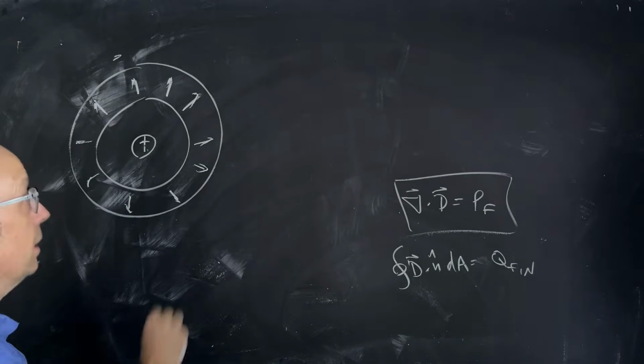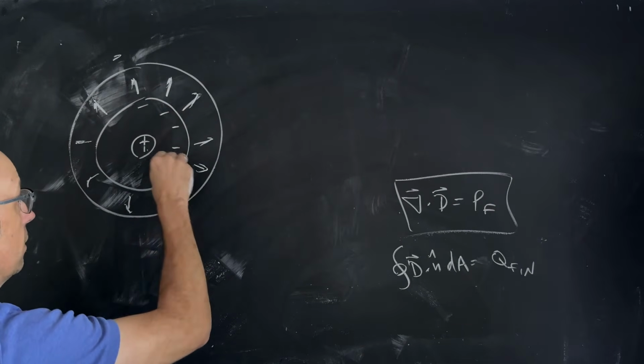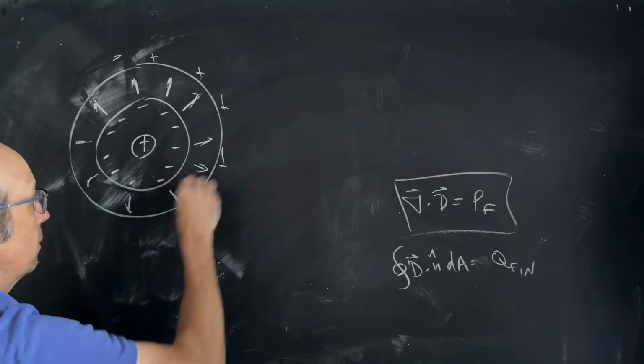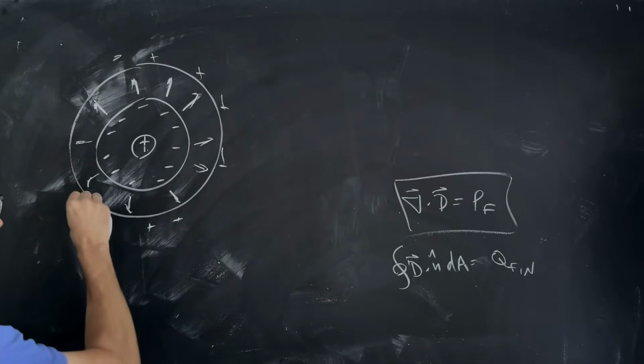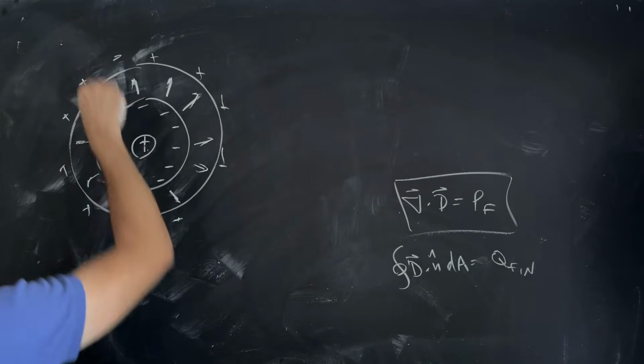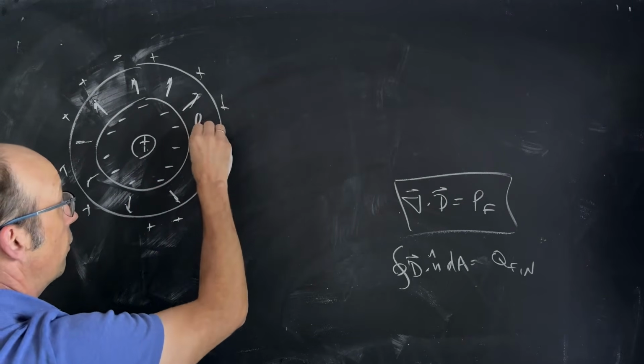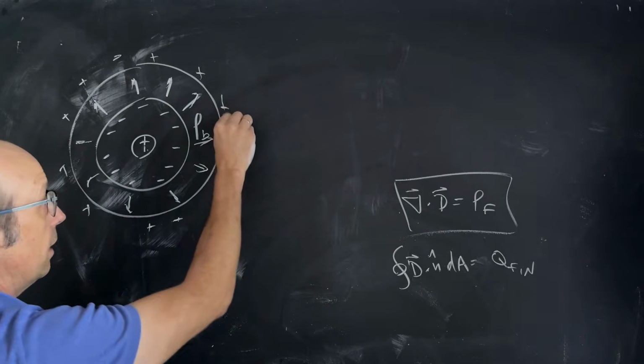That polarization is then going to make a surface charge density over here. And you can see that in this situation, since it has a divergence of the field, it would also cause a bound charge density. So I'm going to get sigma B, rho B.